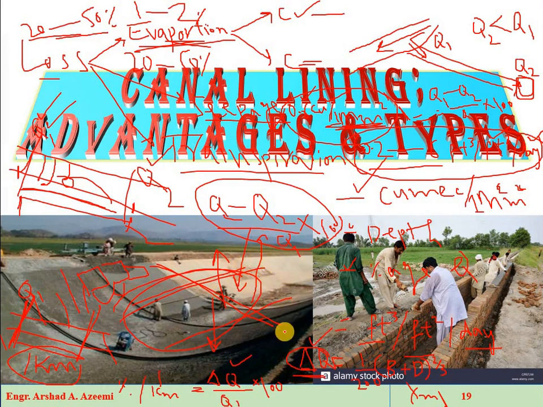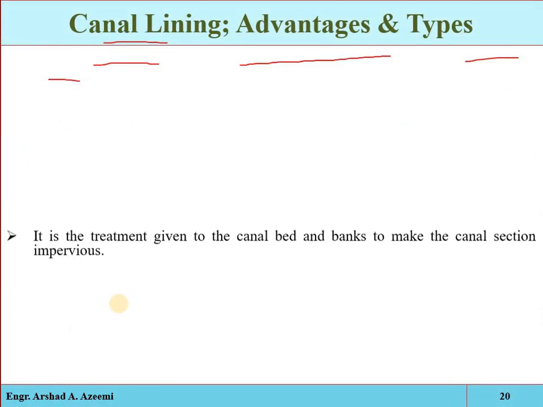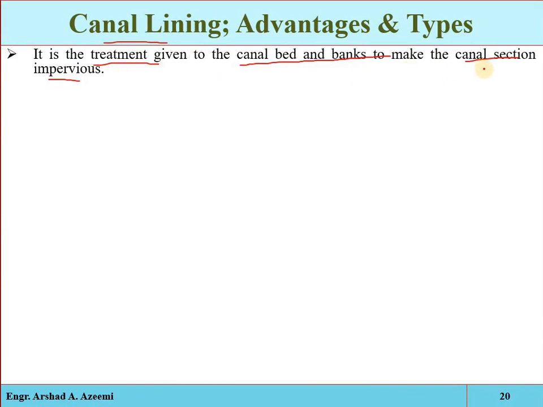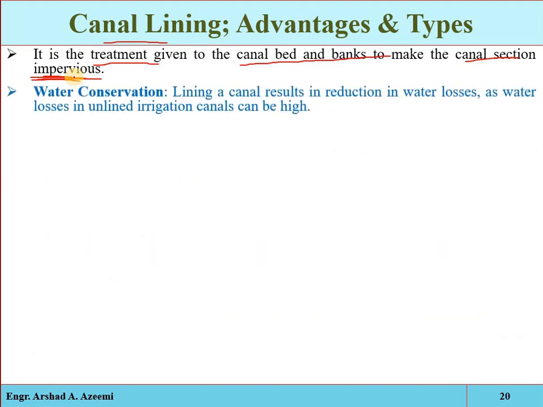If such treatment is provided, the cross section will become impervious, and then mostly the seepage losses and transpiration losses will be controlled. When the losses are controlled, obviously the water will be conserved, and as we know that water is a limited natural resource, we have to conserve it.